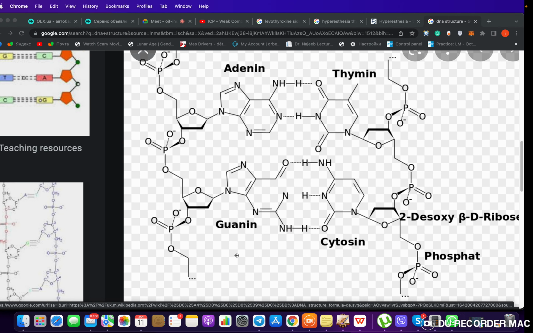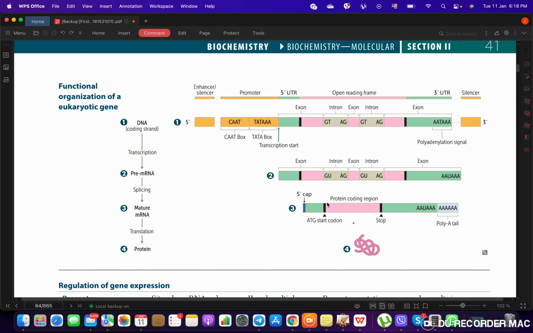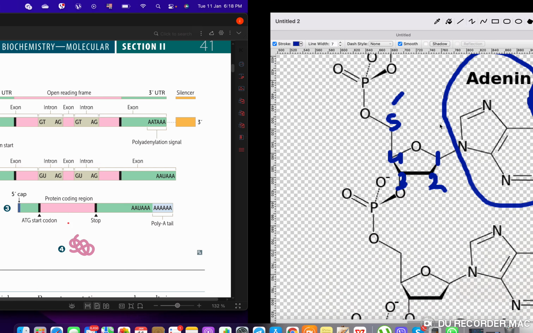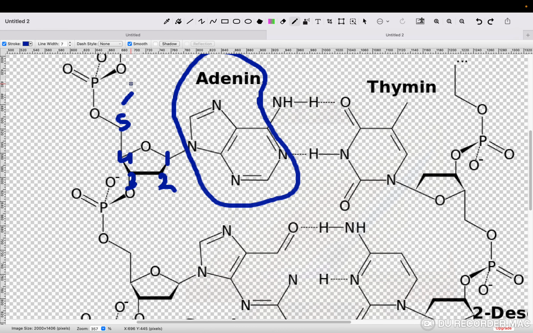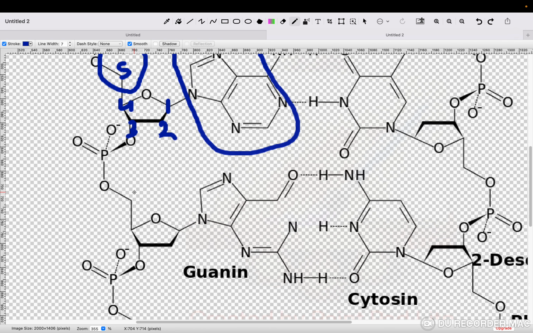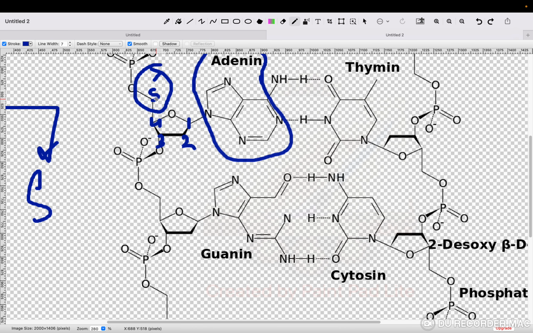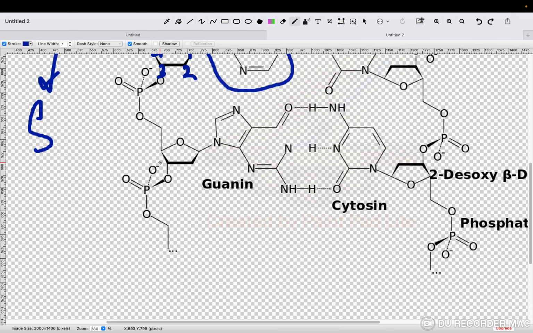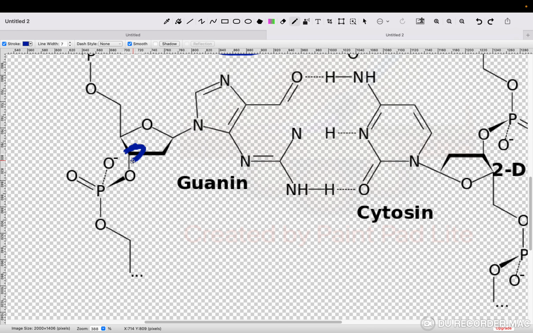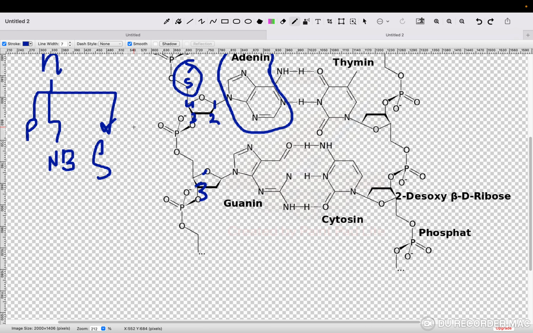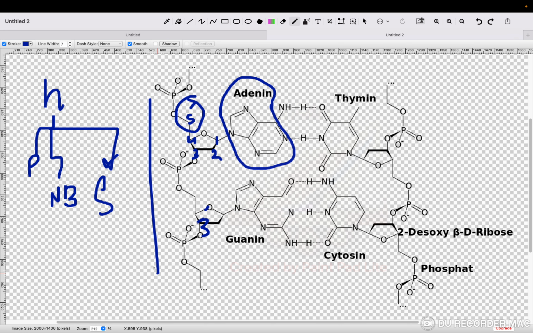So when we read that it's 5' to 3', where is the 5'? Here is the 5'. To the 3', here is the 3'. So this is the 5' end, and if we go all the way here, this is the 3' end. When we say it's 5' to 3', it means it goes from this point to this point.